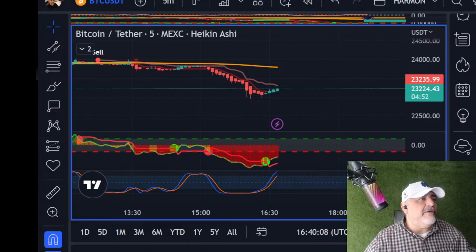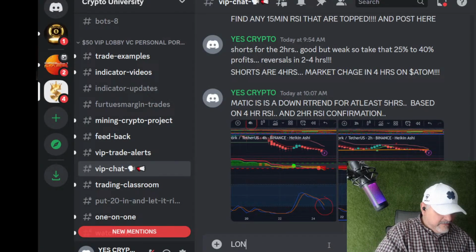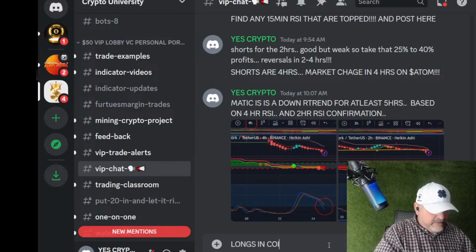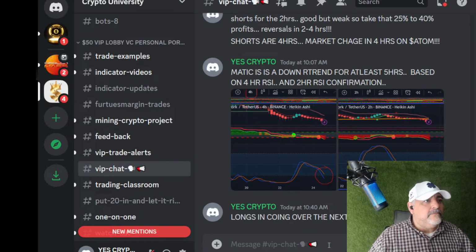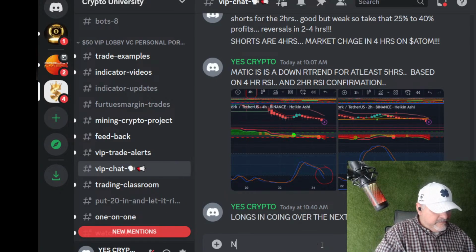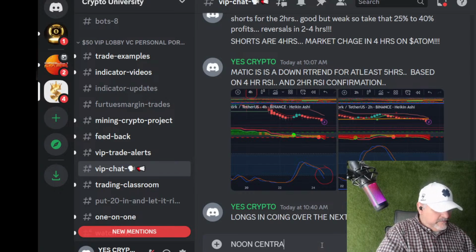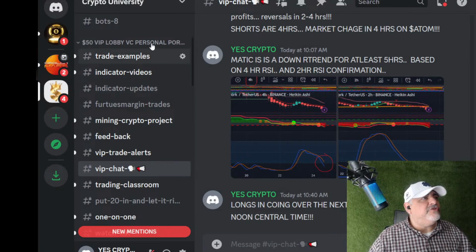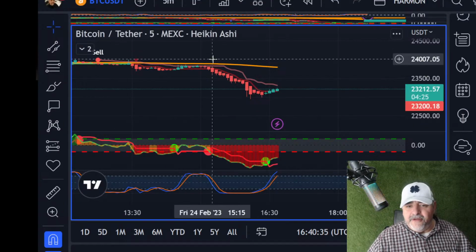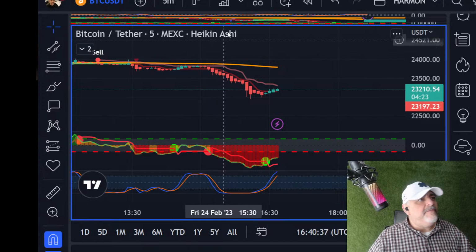Longs are starting to creep in. So it looks like around noon Central Time we're going to be getting some longs up in here. But we're starting to creep in now, man.